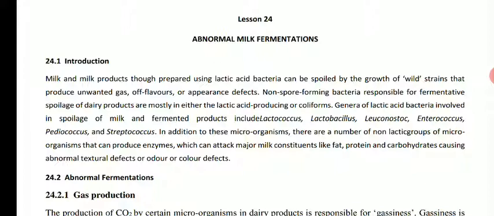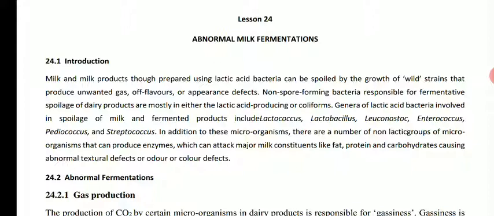Besides normal fermentation, there are sometimes other strains of bacteria known as wild strains, and they also produce unwanted gas or flavors or appearance defects.